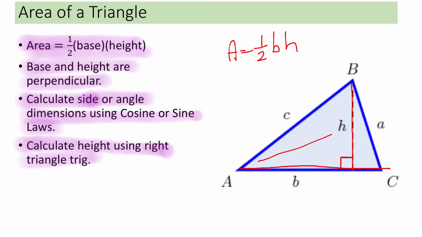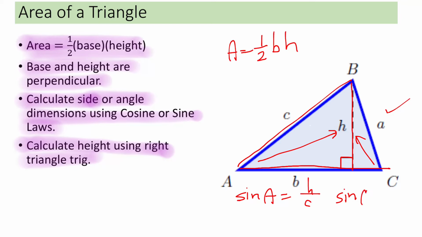And I could calculate that h using that bigger right triangle or the smaller right triangle. I would say the sine of A is equal to h over the hypotenuse side, c. Or if I was using this smaller triangle, I would say the sine of the angle C is equal to h over the hypotenuse on this smaller triangle, which would be a.